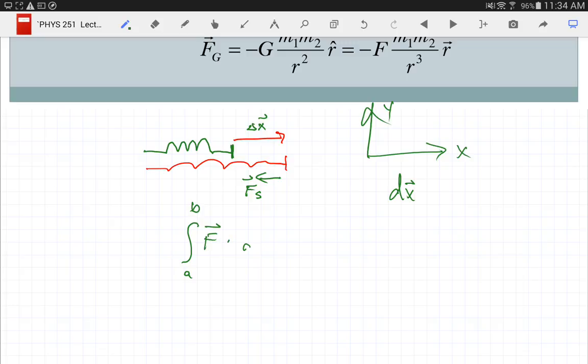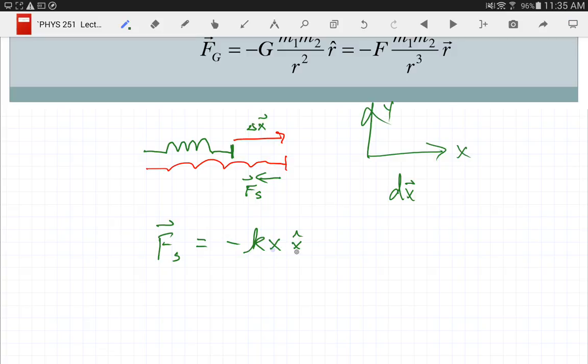When I do then my integral from a to b of F dot dx, I have, putting it in using i hat to mean a unit, well, what are you more comfortable with? i hat to mean the x direction or x hat to mean the x direction? I'll go whichever one. What'd you say? X hat. So actually, before I do this, I'm going to write down the force of the spring vector is equal to minus kx in the x hat direction.